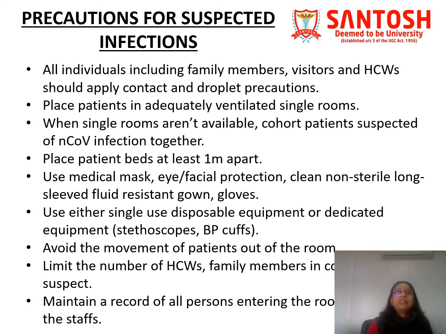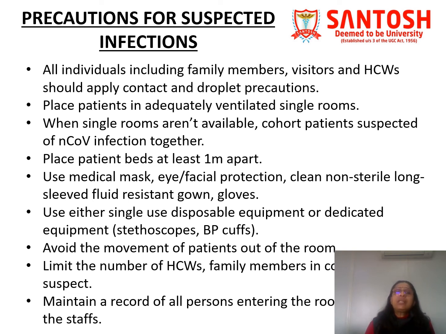Other precautions that were to be taken or that are still being taken for suspected infections are as follows. All individuals, including family members, visitors, and healthcare workers, should apply contact and droplet precautions if you have come in contact with a suspected case.